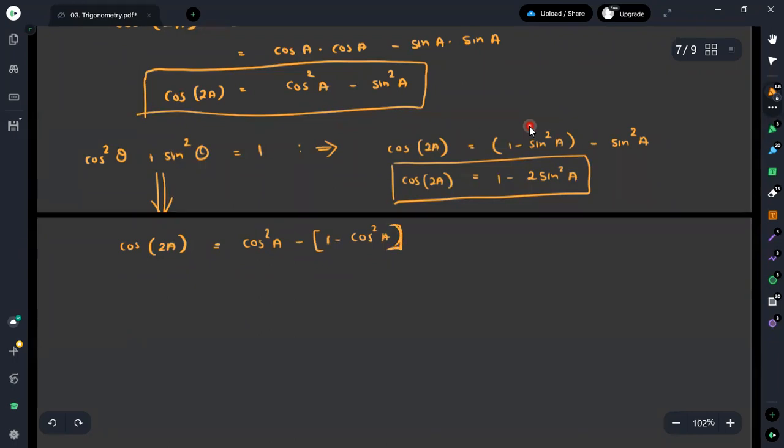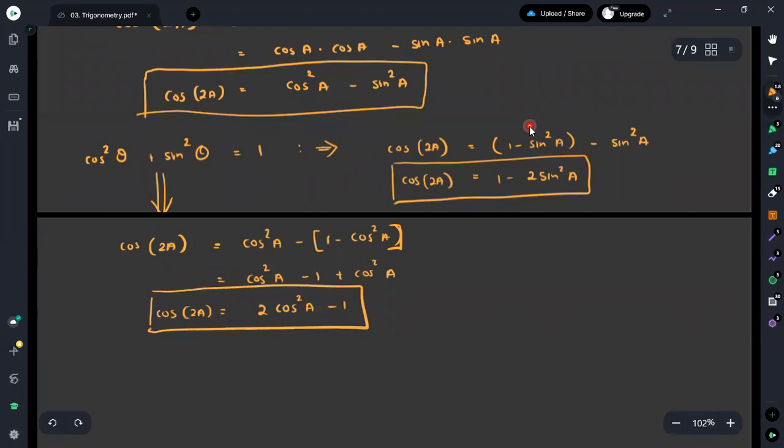If you perform this calculation, you will get cos squared a minus 1 plus cos squared a. This leads to the equation 2 times cos squared a minus 1. It is for the 2 times the angle a, its cosine. Therefore, cosine 2a equals 2 times cos squared a minus 1.